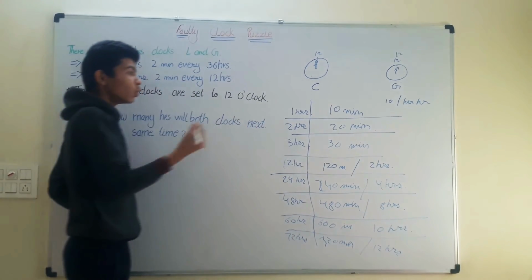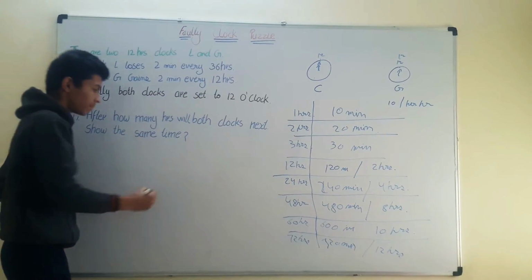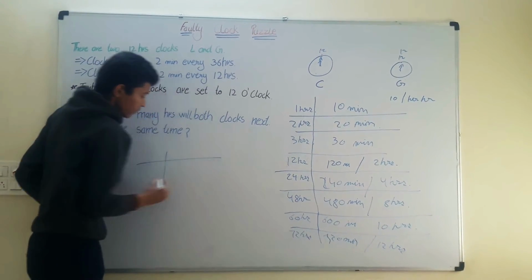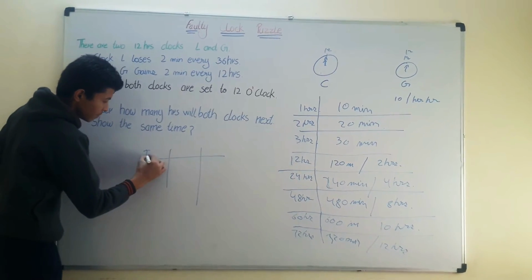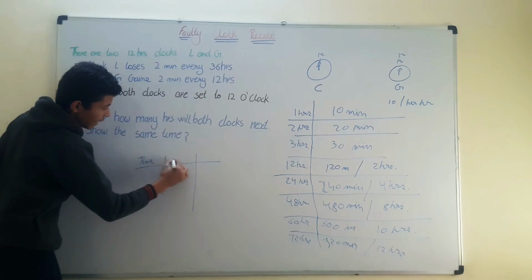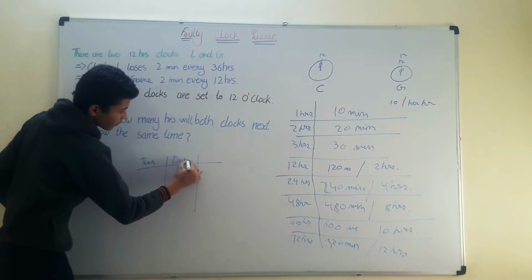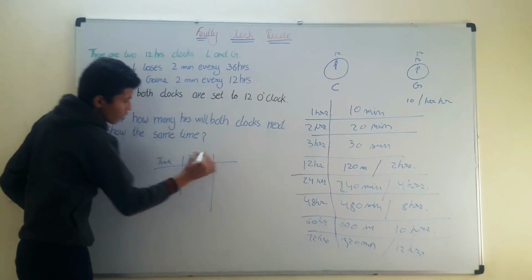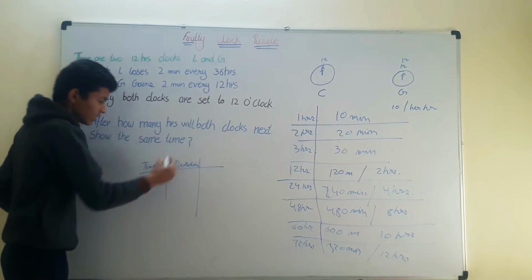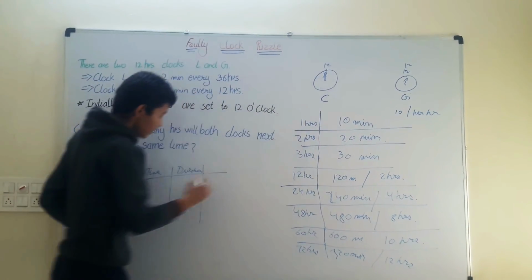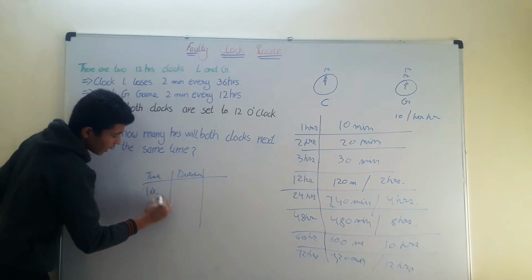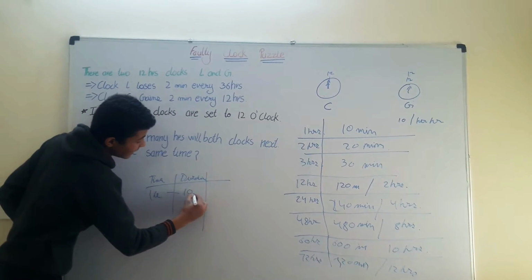So how can we do it mathematically? So this is time and duration. First let's take this scenario in which 1 hour gives a gain of 10 minutes.